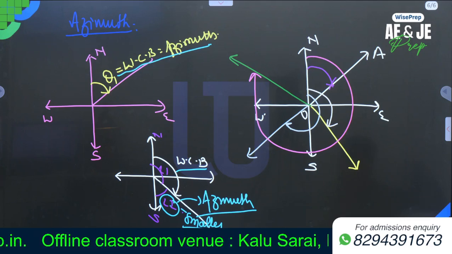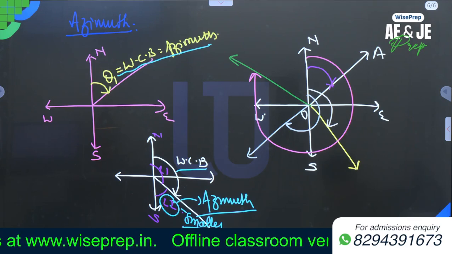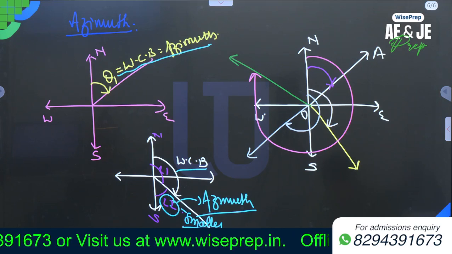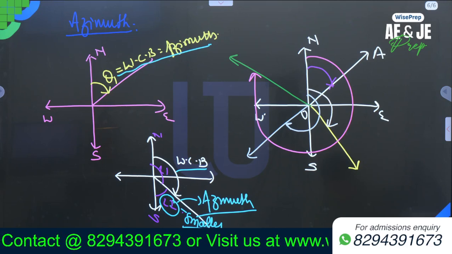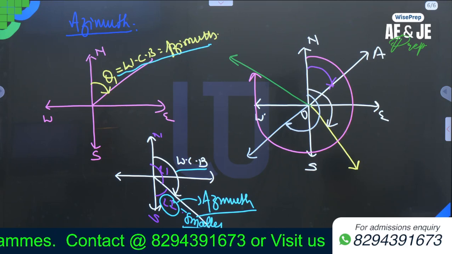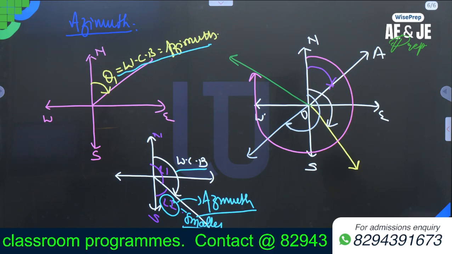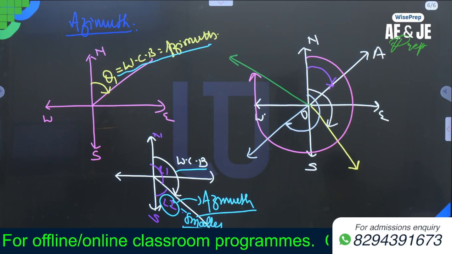Write down: in India, azimuth and true bearing are measured with respect to the north only.